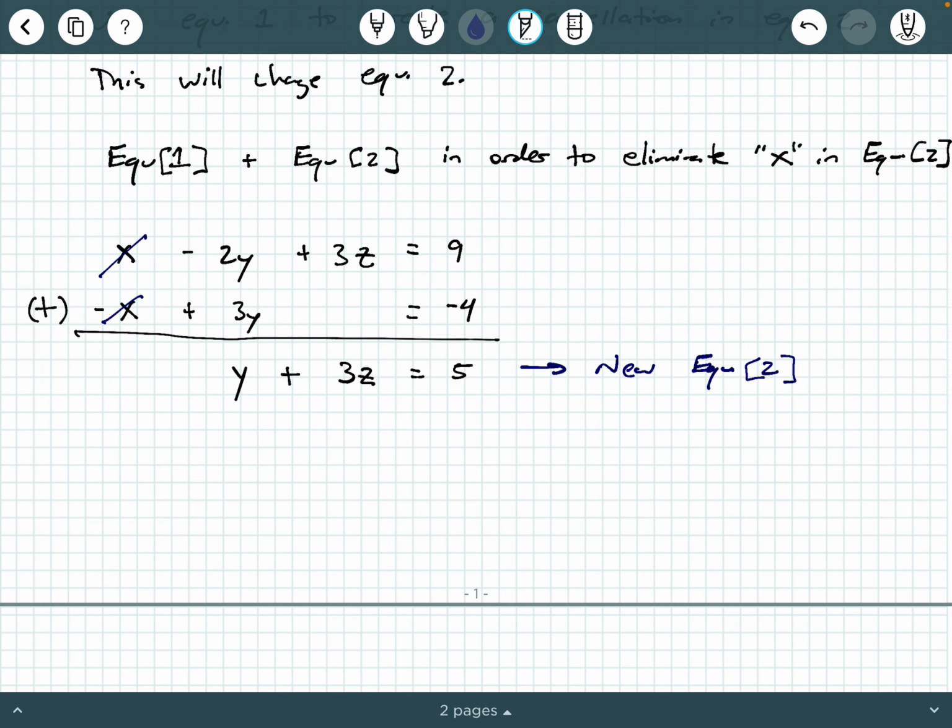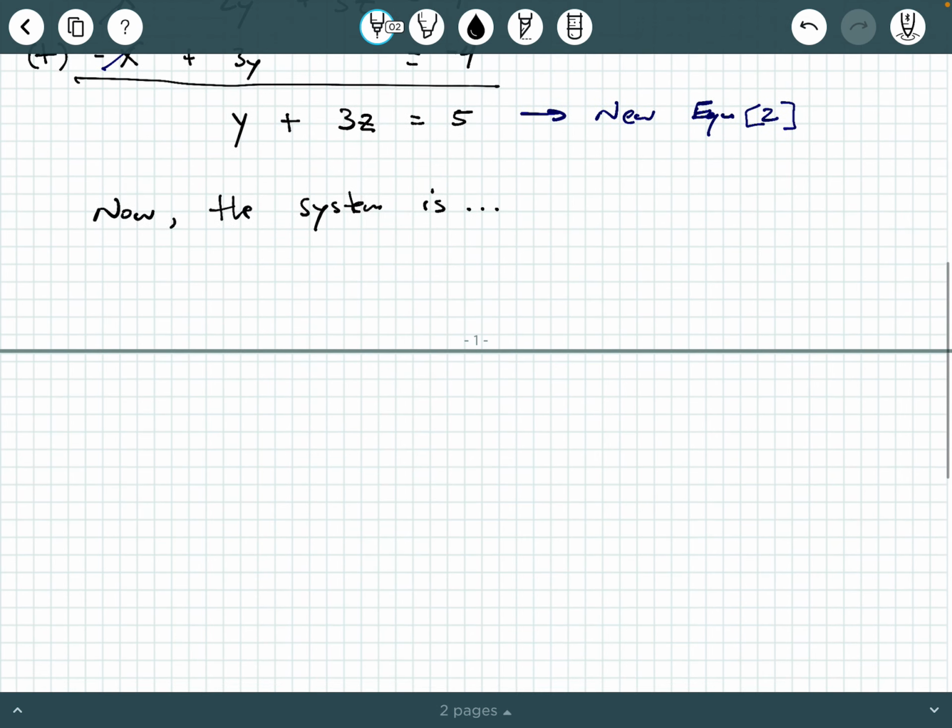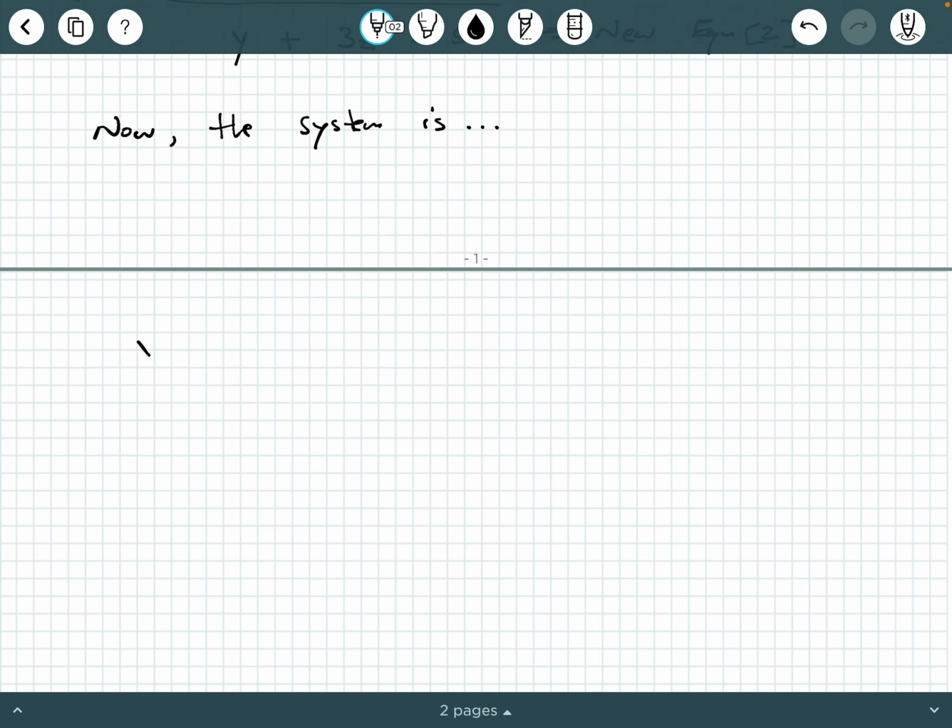So now the system is, go down to the next page, x minus 2y plus 3z equals 9. And now we have a new equation 2, y plus 3z equals 5.